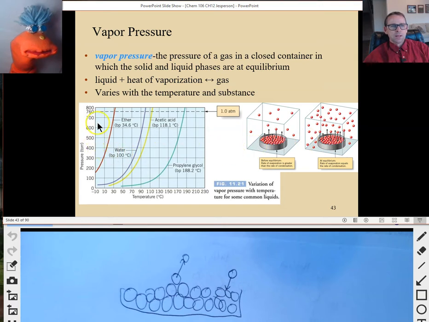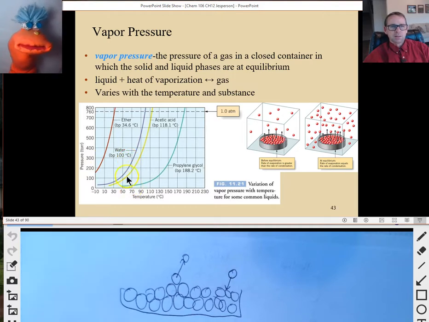So you can look at the same temperature. Here's the same temperature right here, 70 degrees for propylene glycol, acetic acid, and water, and see that at the same temperature, water has a higher vapor pressure compared to acetic acid and propylene glycol.